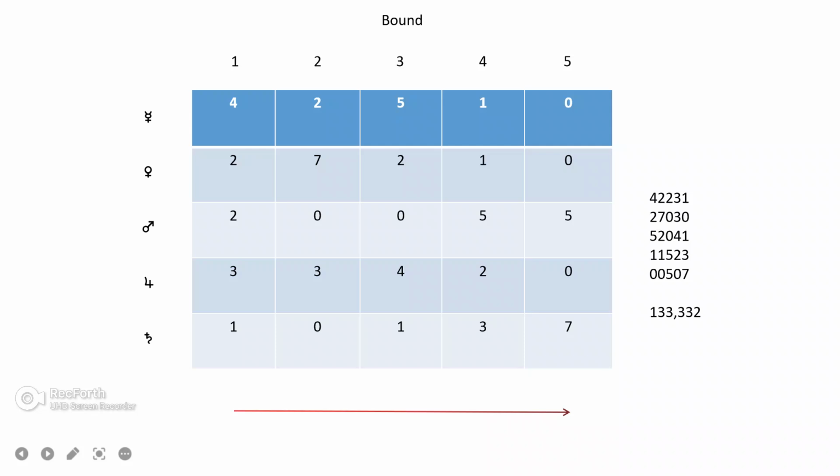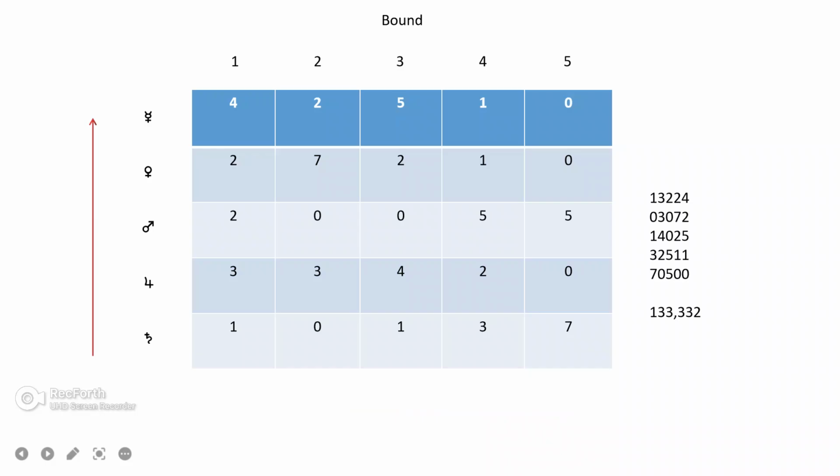And then I did it again. Only this time I used the columns. So I added column 1 to column 2 to column 3 to column 4 to column 5 and went from left to right. Not that that mattered. But bizarrely enough, this same number came up. 133,332.